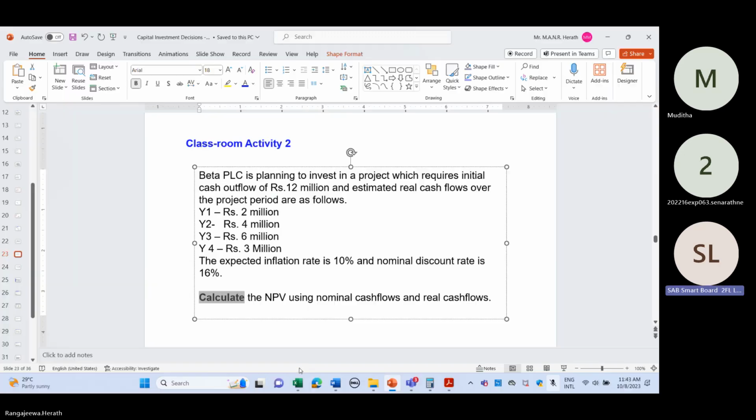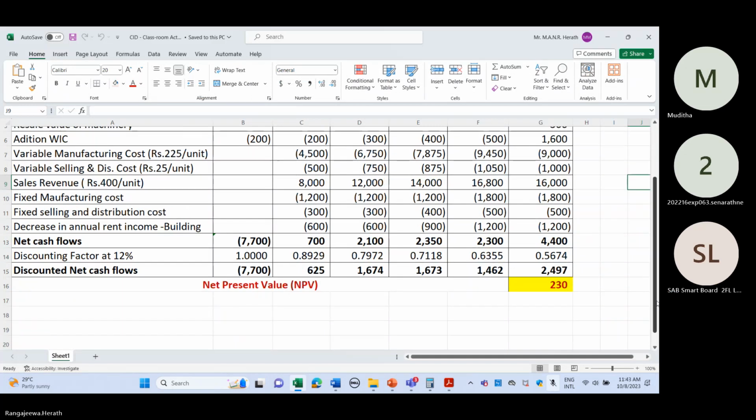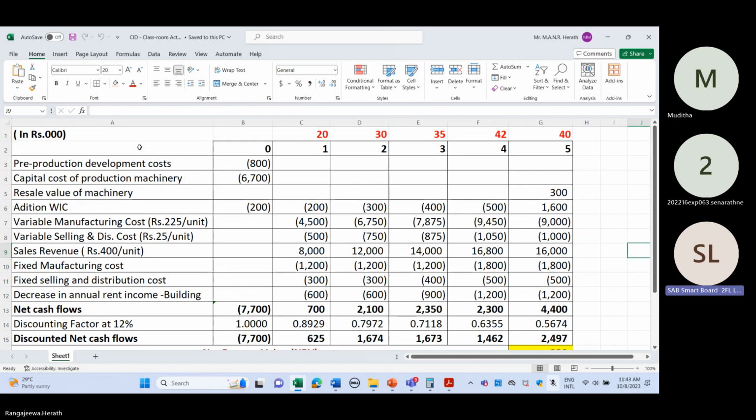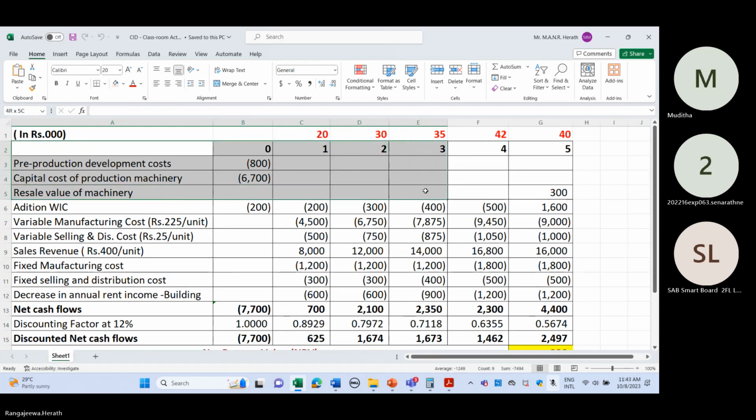Just take a simple Excel sheet. 5-year project, 4-year project.